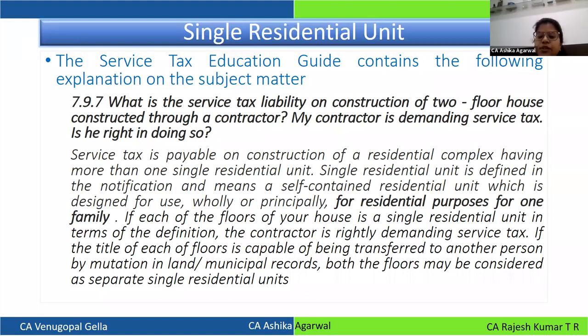So what we have to see is, if there are two floors and you are able to sell one floor, then they are saying the definition of single residential unit will get defeated, even if it is a joint family, because you will be able to sell the second floor or first floor independently of each other. Therefore, they are saying GST will be applicable on the same, and the benefit of this exemption will not be eligible for it.